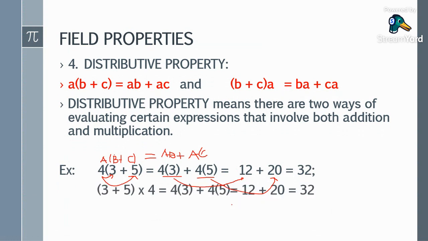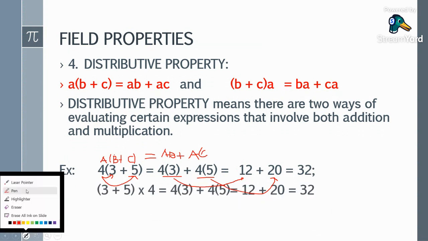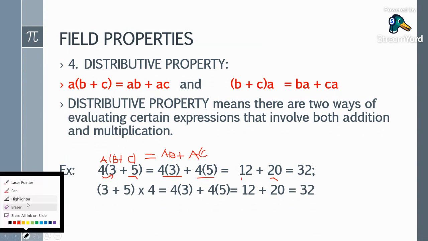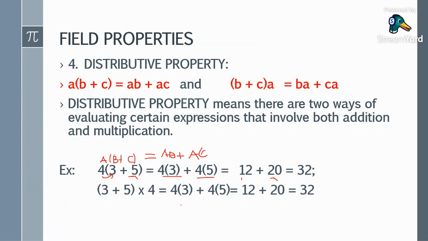Okay, so let's proceed to another problem. Since we interchange the parentheses, the answer is still the same. How? Since B is 3, C is 5 and A is 4, we just interchange the parentheses, then we come up with the same answer.